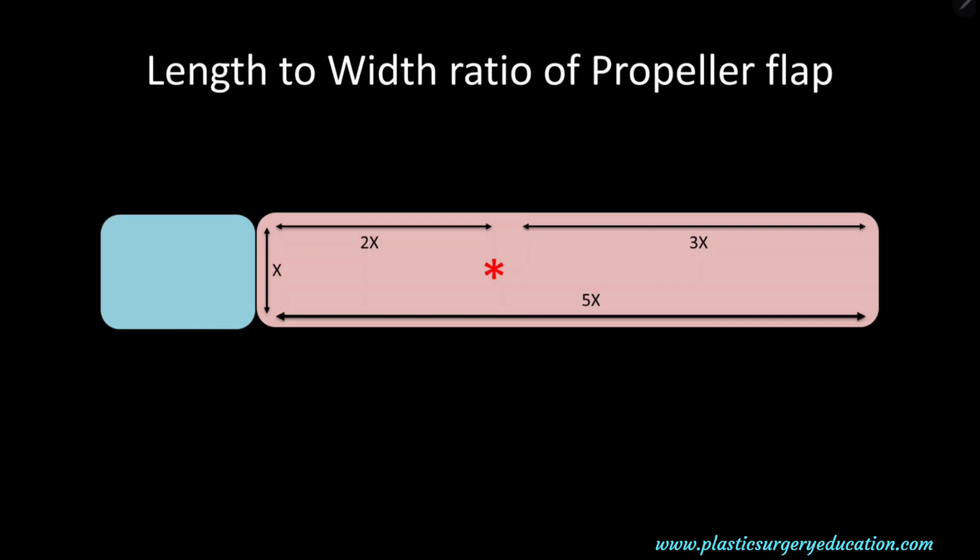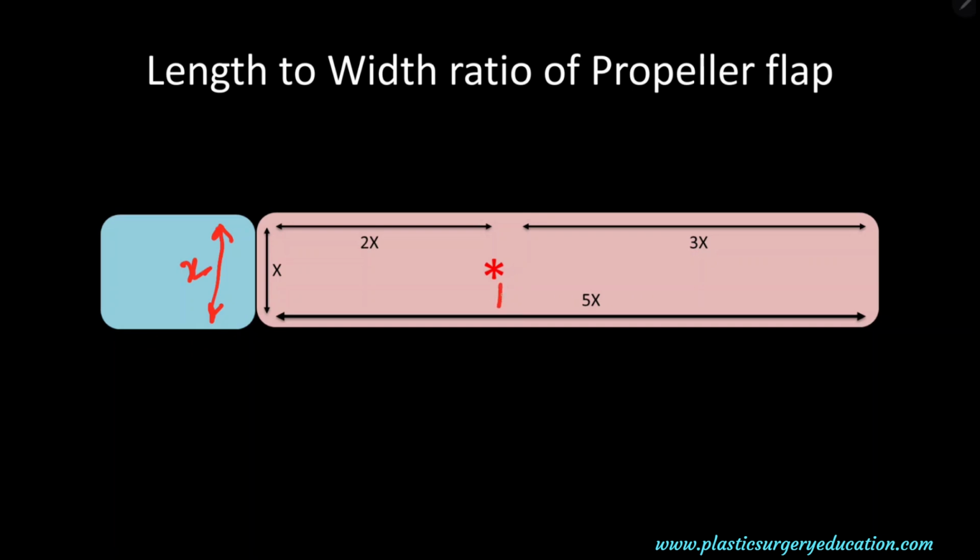Now let us try and see what is the length to width ratio of propeller flaps. Many times it appears that the propeller flaps are too long and too lengthy, and we feel that they won't survive. But let us understand the dynamics of the length to width ratio. Now let us assume that the width of our defect or the width of our flap is x.